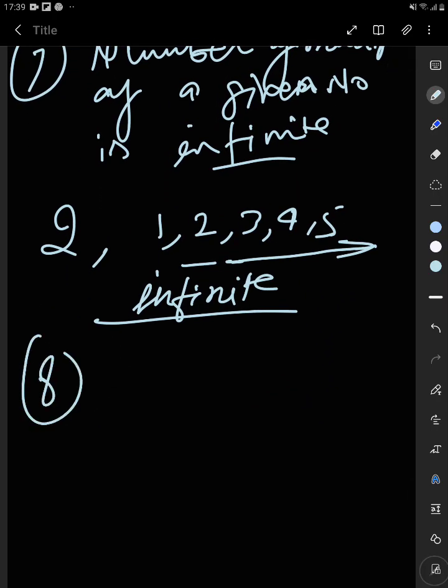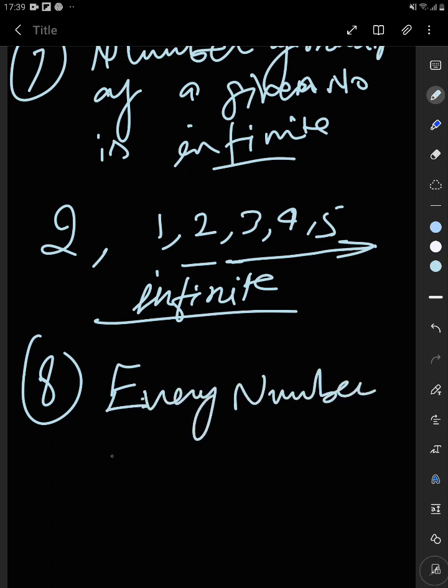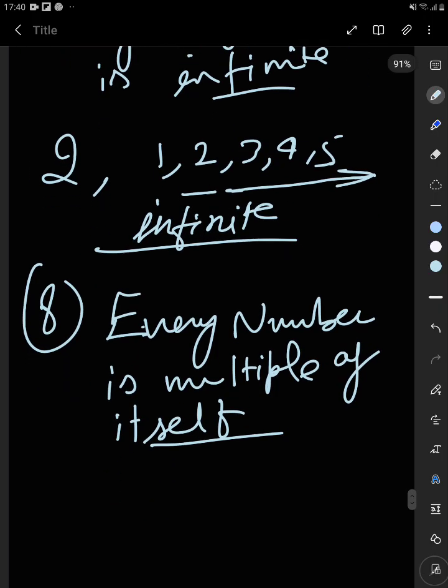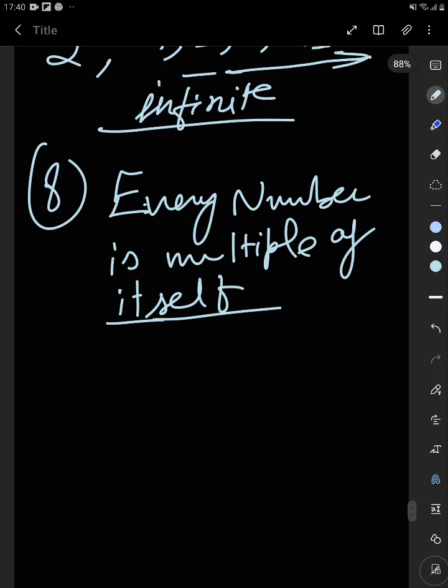The eighth property is that every number is a multiple of itself. We have already explained that if you have any number a, then it is a multiple of a itself.